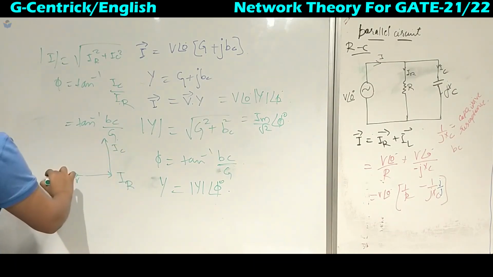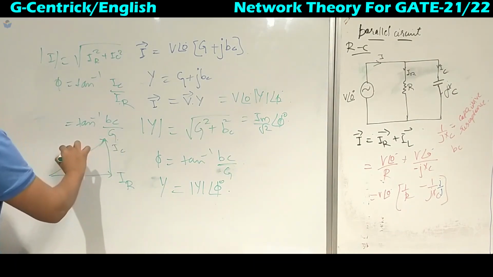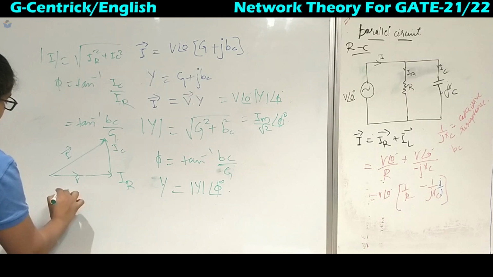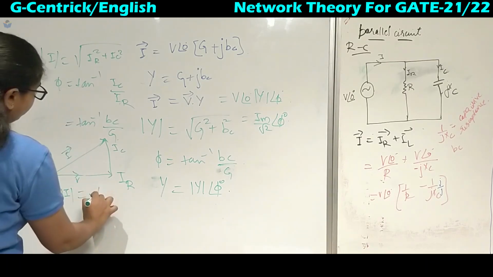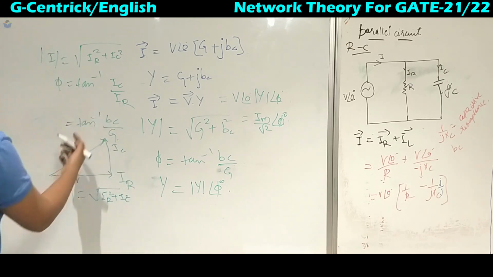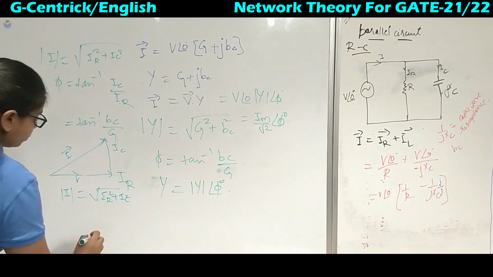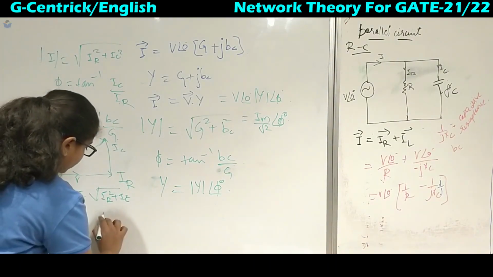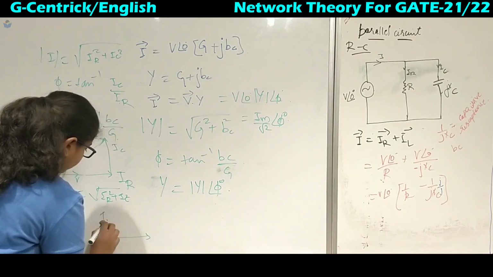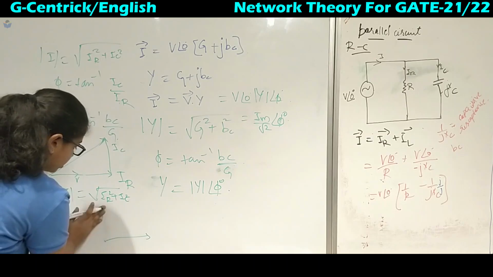This will be IC and this will give me the total of the current. So this is nothing but I, root of IR square plus IC square. So again you will get the same thing. So now we will draw the admittance triangle with respect to this one. How will be the admittance triangle? I will draw it here. So this will come here.